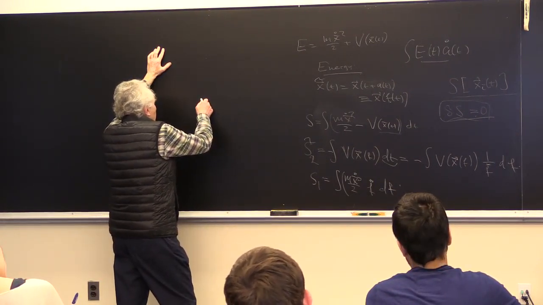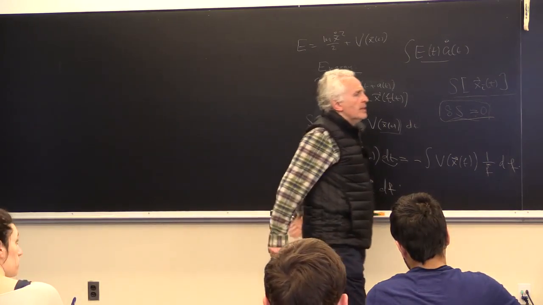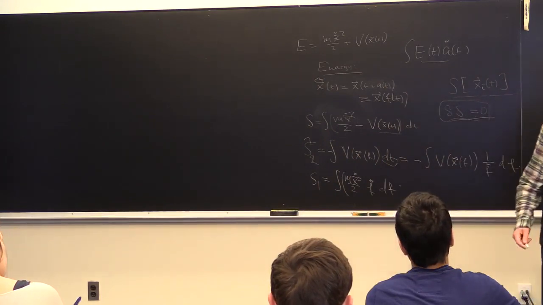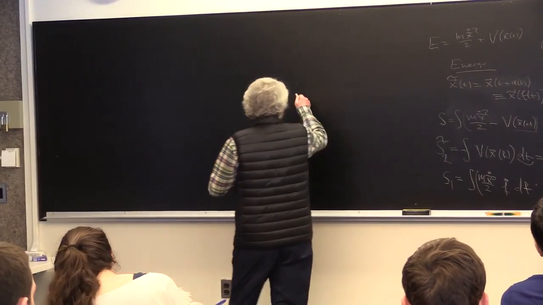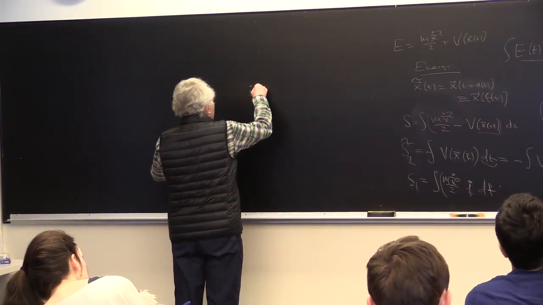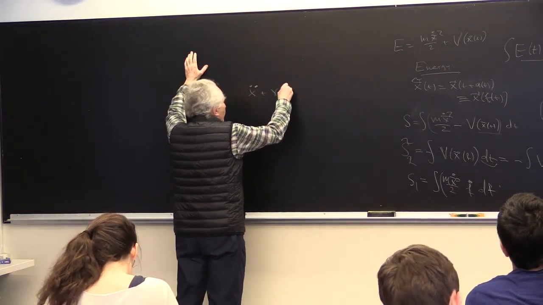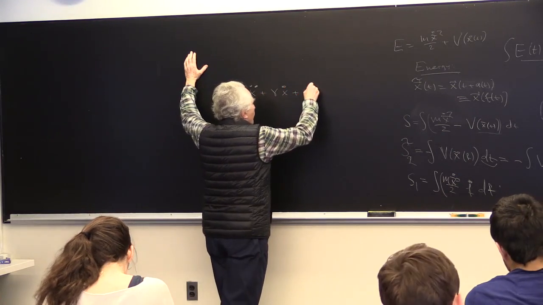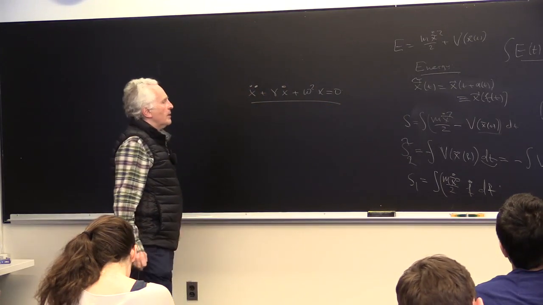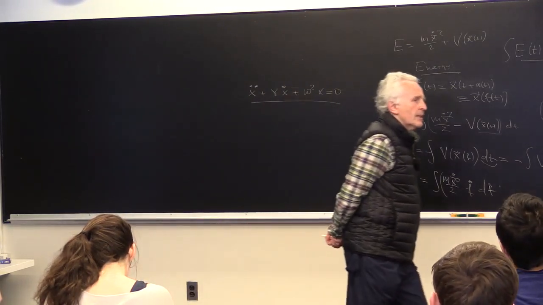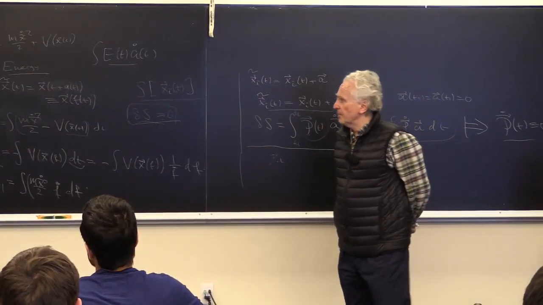So we have, let's take, to check the ideas, let's take a harmonic oscillator with friction. The equation of motion, the Newton equation for this harmonic oscillator with friction is just that. Now let me ask you, does this system have time translation symmetry?